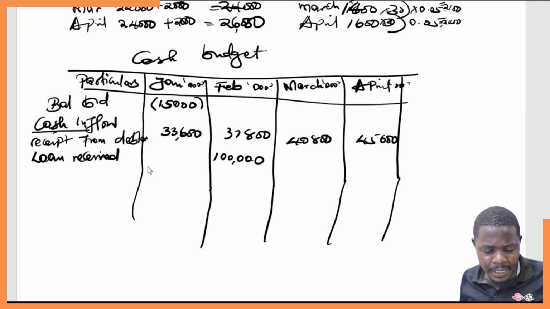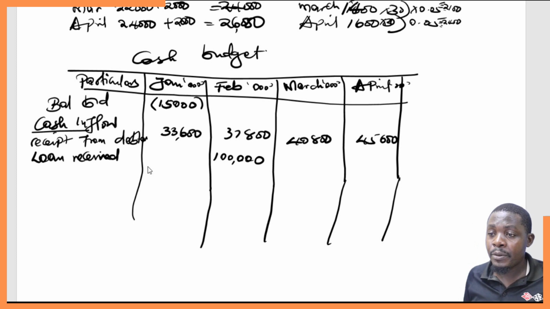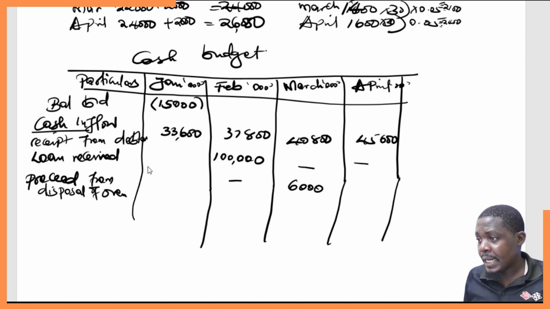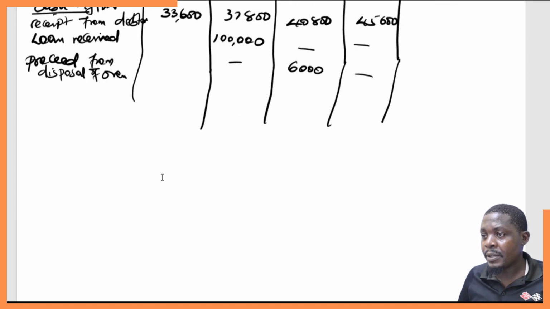In the same month, the company intends to dispose of a surplus baking oven with a net of 11 million, and in that case, proceeds from disposal of the oven, which we are going to receive in March, is 6 million. We'll get it in March. Therefore, I guess that is all about the inflows.